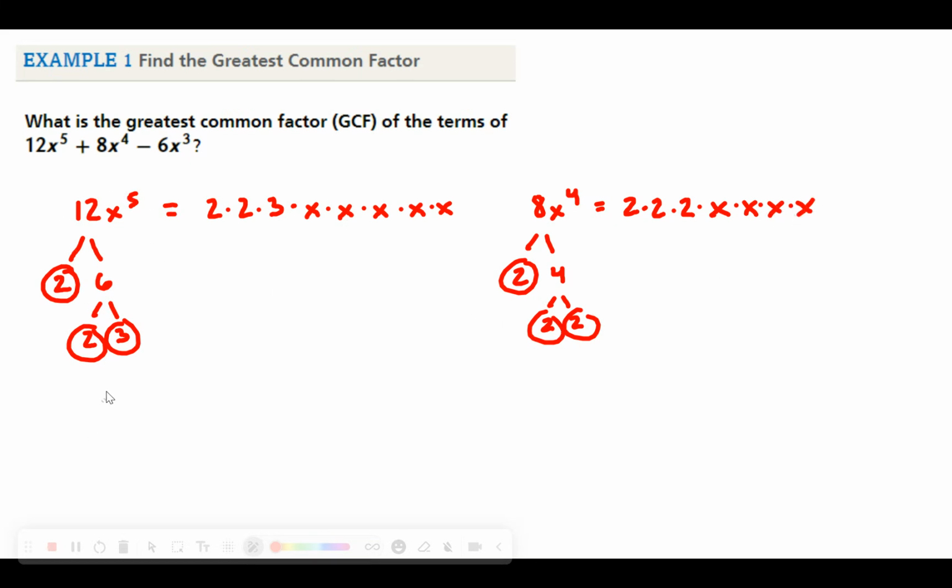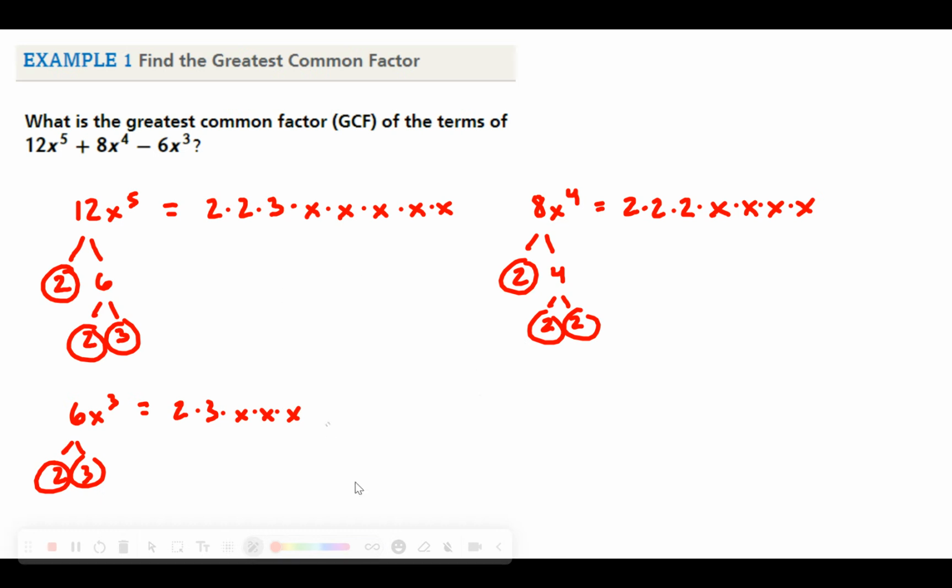And then the last one is going to be the 6x to the third. Break down 6, divide by 2 is 3, and they're both prime. So 6x to the third is going to be 2 times 3, and then 3 x's multiplied together.